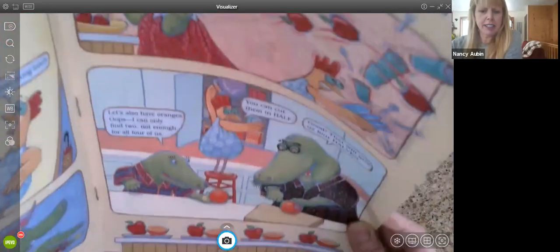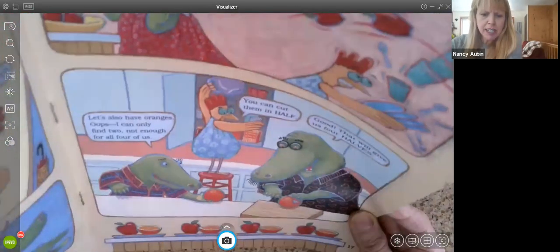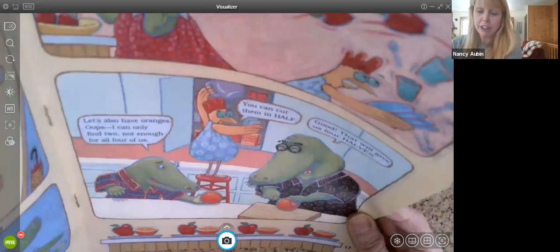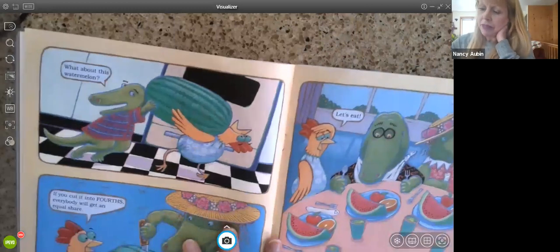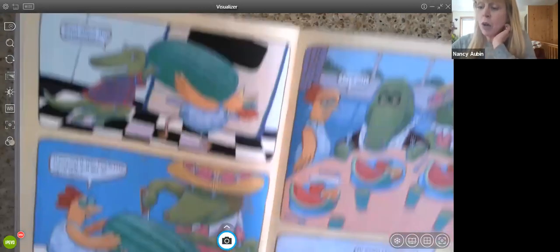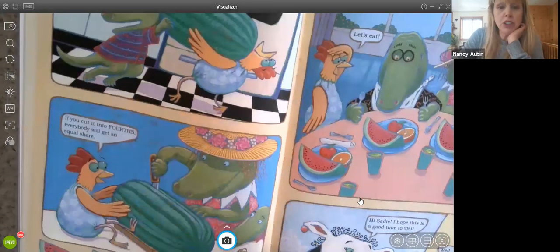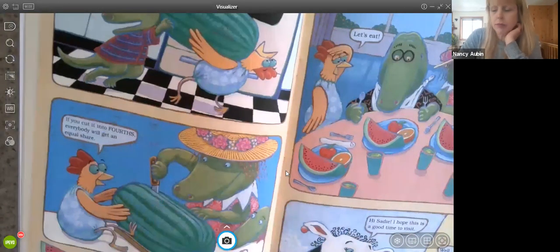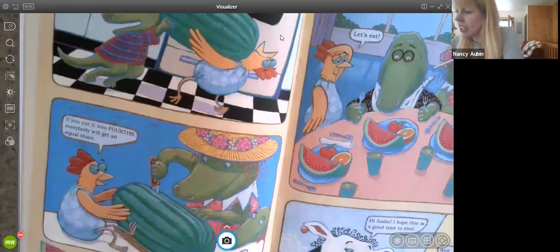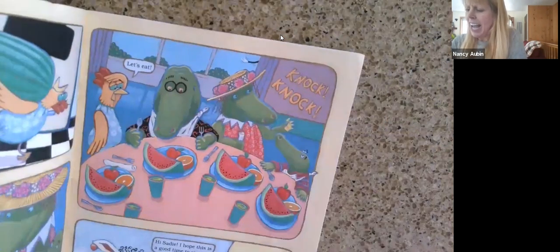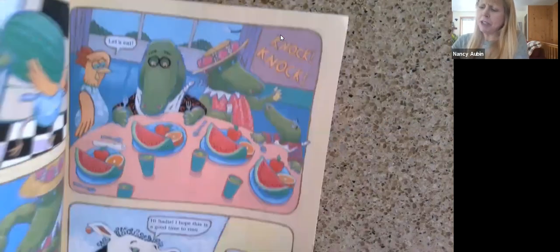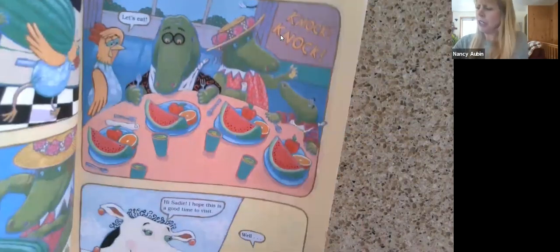There they are, hard to see. So each person's got 1 whole apple and 1/2 of an orange so far. What about this watermelon? If you cut it into parts, everybody will get an equal share. Let's eat. Knock. Hi, Sadie. I hope this is a good time to visit.